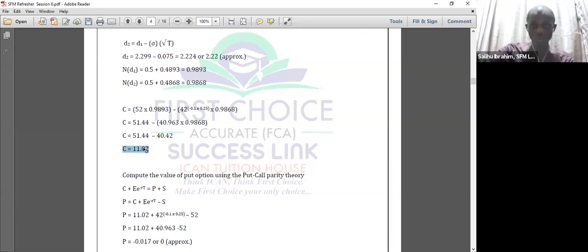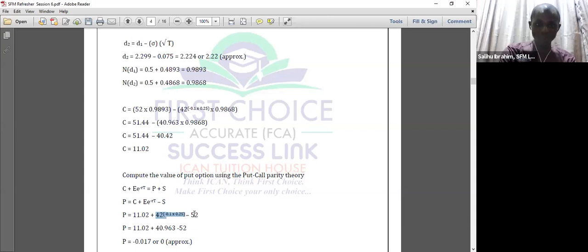You can follow your own, the correct one, 45, when you are done, no problem. Now, plus the present value of the exercise price, okay? The one we computed before. I think it's okay, yeah, 40.96. Look at it here, 40.96.